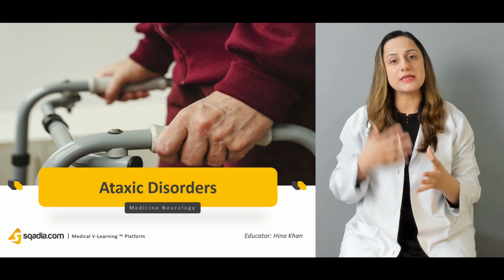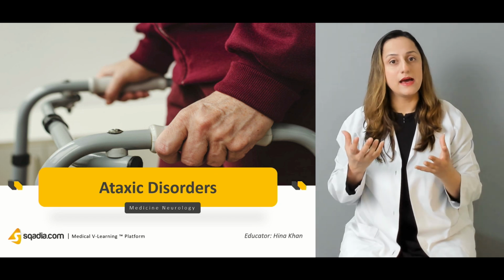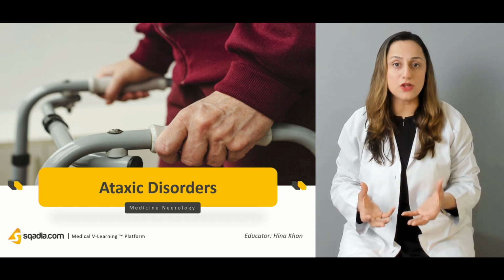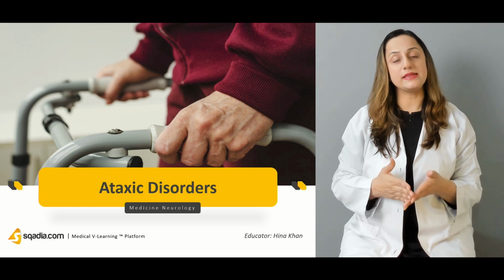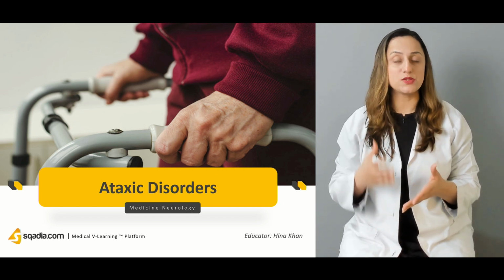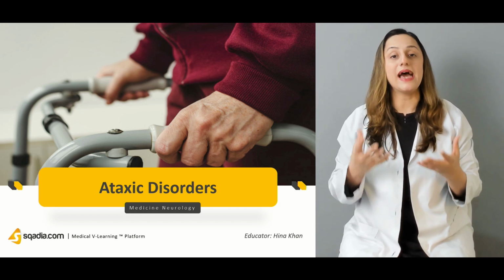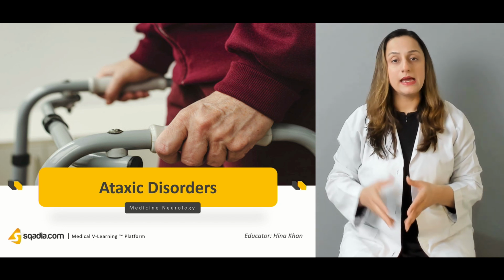You find that there is some sort of disturbance involving the muscles of the lower limbs and it is affecting the gait of the patient. Then that is the point when we can say that the patient is suffering from an ataxic gait.